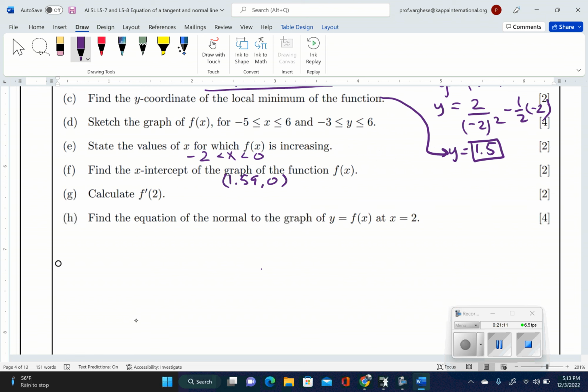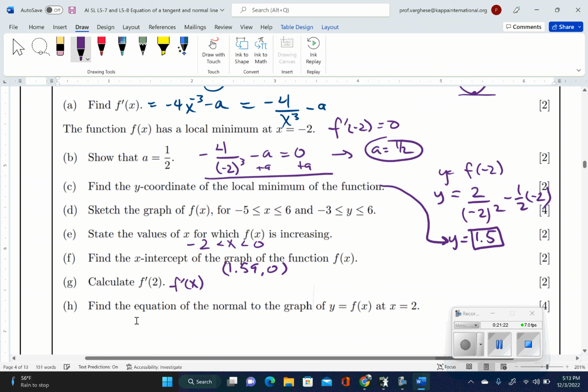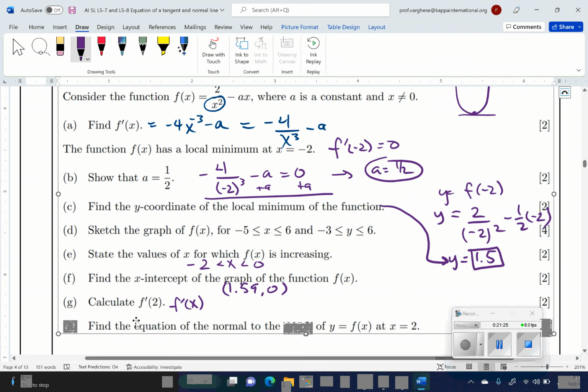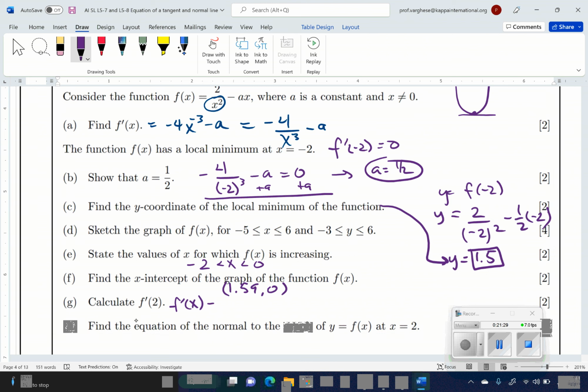All right, so now we're calculating f prime of 2, right? We already know f prime of x, we found that out. So -4 over x to the third minus a, which we found out was 1/2.